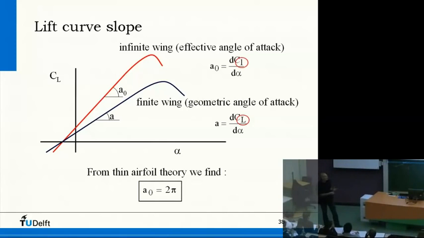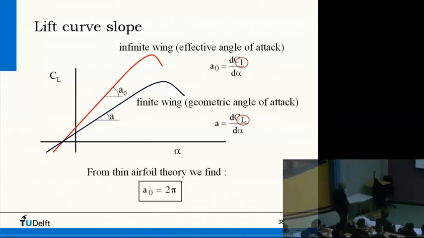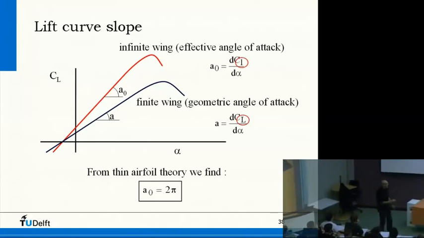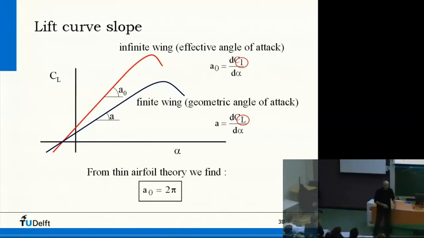It's just what comes out of this theory, right? Sorry? For which kind of wings? This is only for a very thin airfoil, right? So it's not for a wing. This is for a very thin airfoil, like, say, 7, 8, 9, 10%.